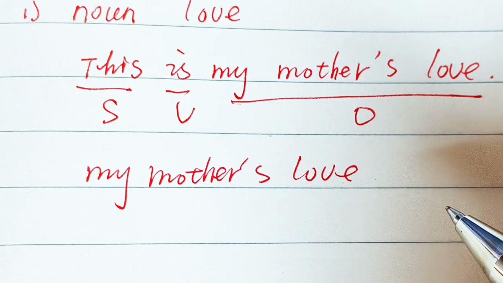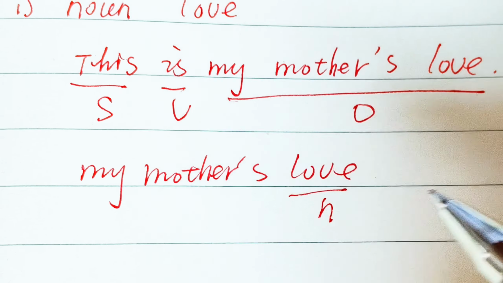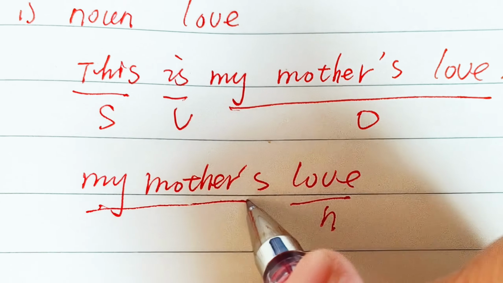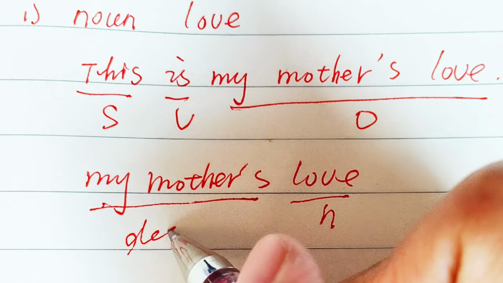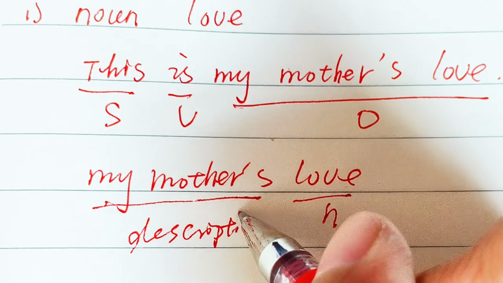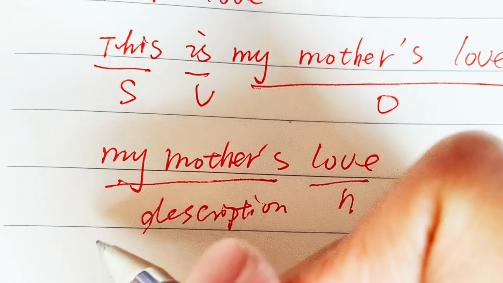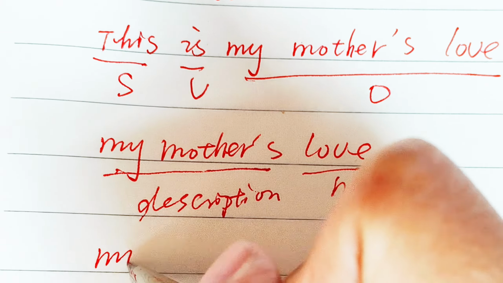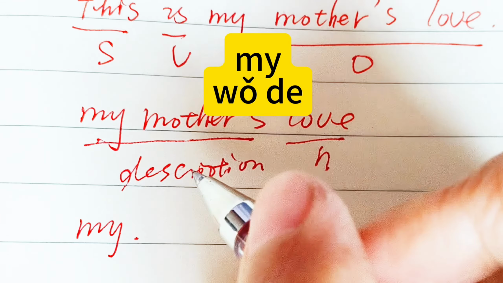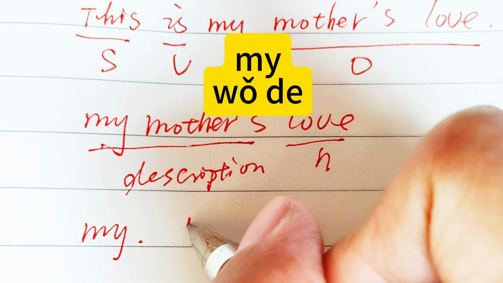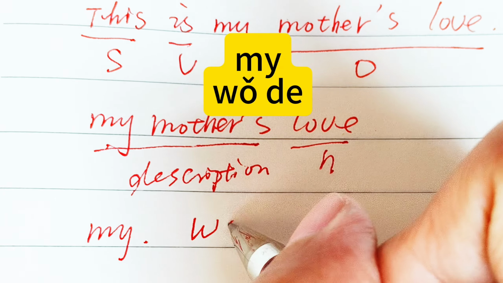You see this object, my mother's love, a little bit long, right? My mother's is the description, love is the noun. My mother's describes the love. Whose love? My mother's love, right? So you see, my. How to say my? 我的, right?